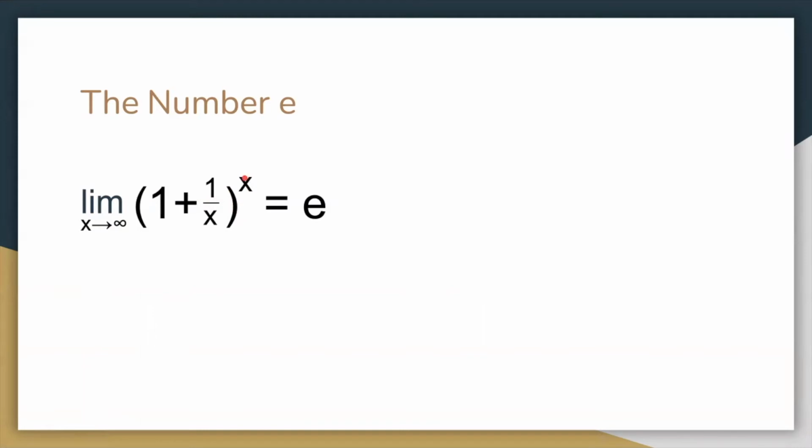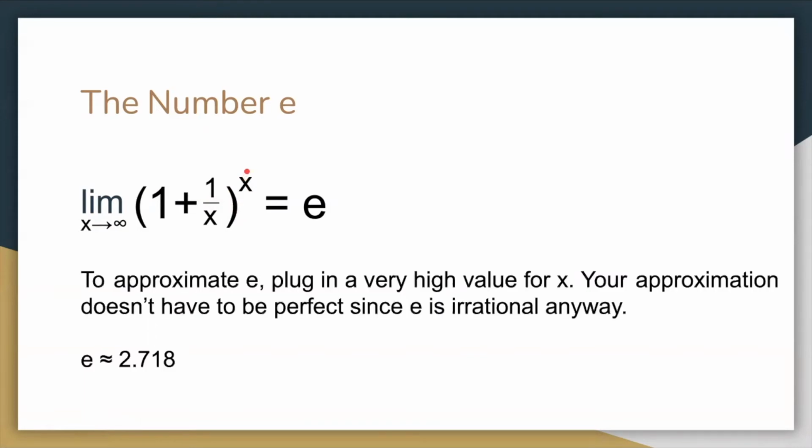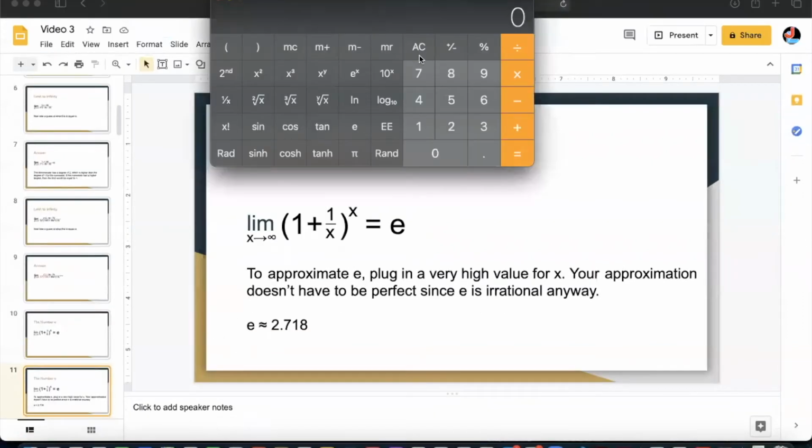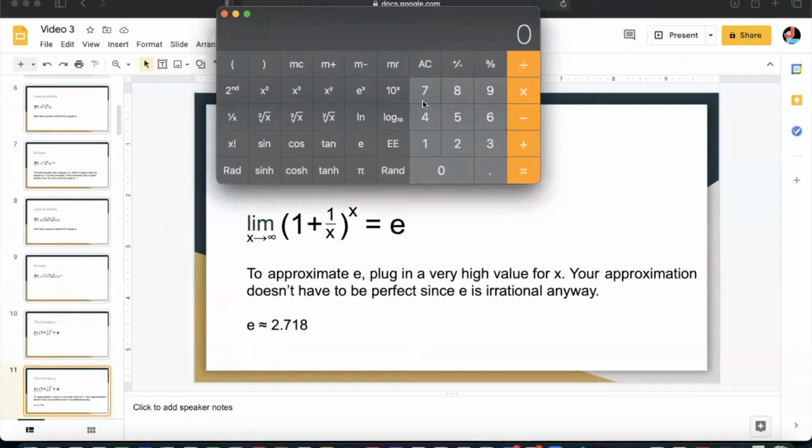And if you want to approximate e, you would plug in very high values for x, and you don't need to be perfect because e is irrational anyway. So even if you plugged in like 10 to the power of a million for x, well, who needs to know like a million digits of e? So we're going to try to approximate e by ourselves. Let's first start with 1,000 for x.